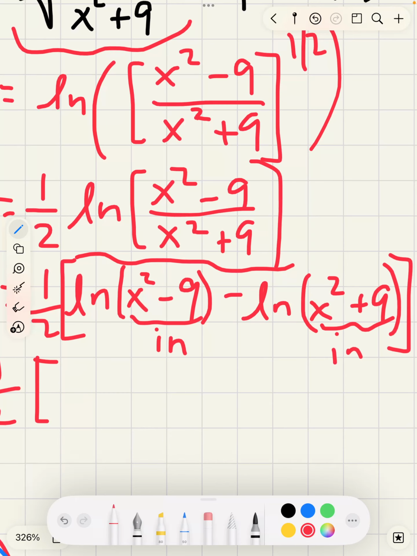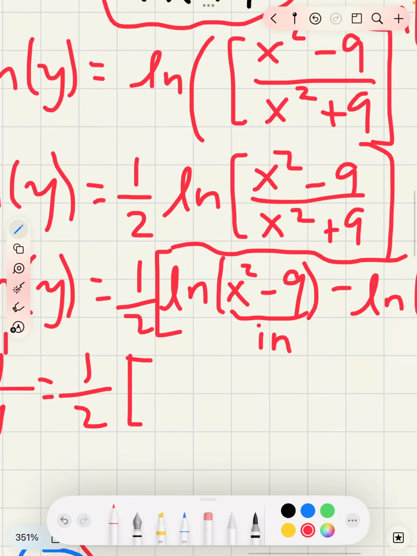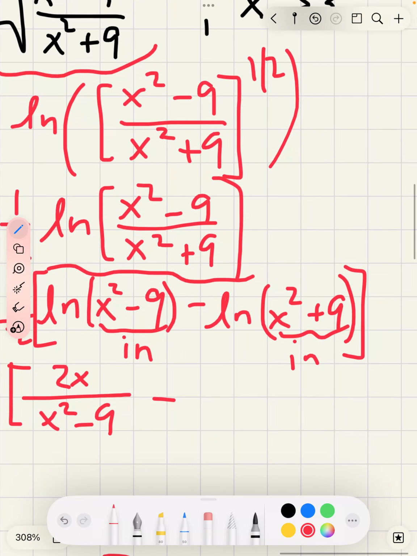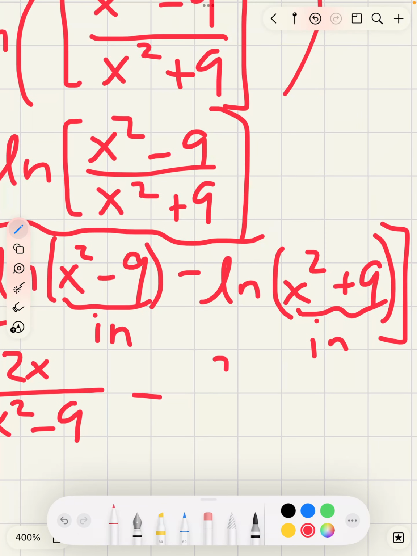So when I go through and do my derivative, I end up getting derivative of my inside, 2x, divided by the inside, x squared minus 9. Then for the second one, derivative of the inside, that's 2x, divided by the original inside, x squared plus 9.